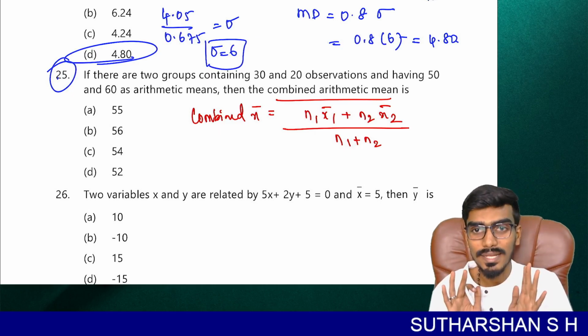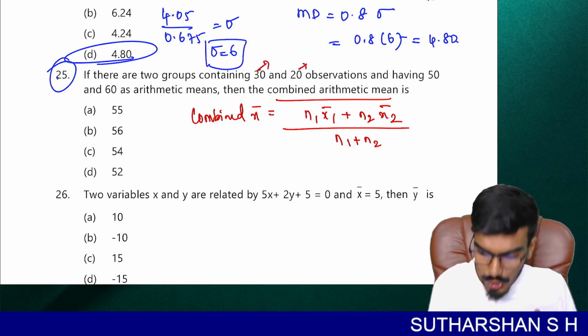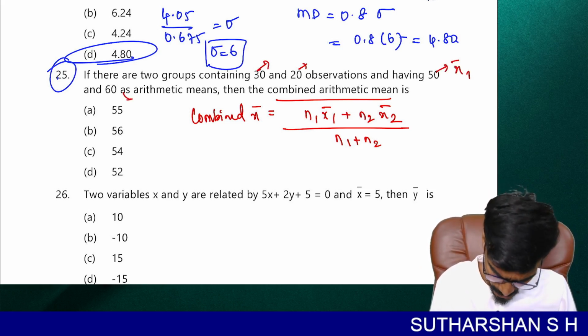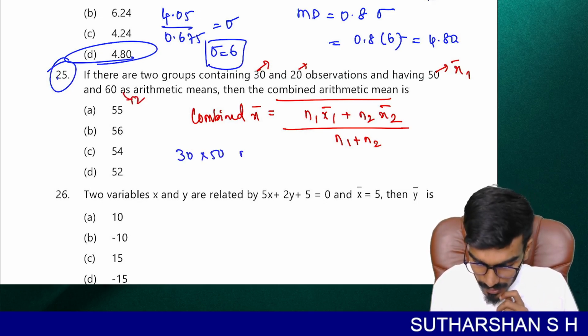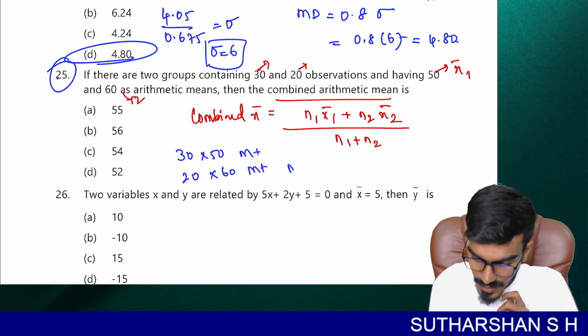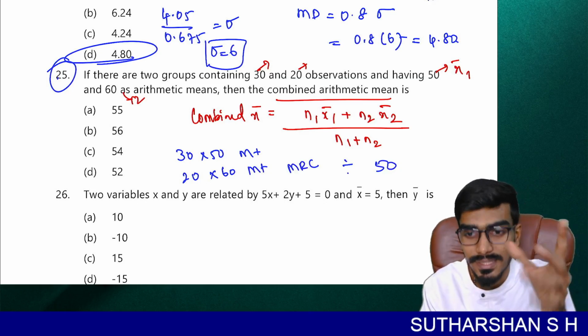This is group 1, this is group 2. This is your n value, these are your x bar values. Take a calculator and do 30 into 50 M plus 20 into 60 M plus MRC divided by 50. Just do it in a calculator, you will get an answer within 5 seconds.